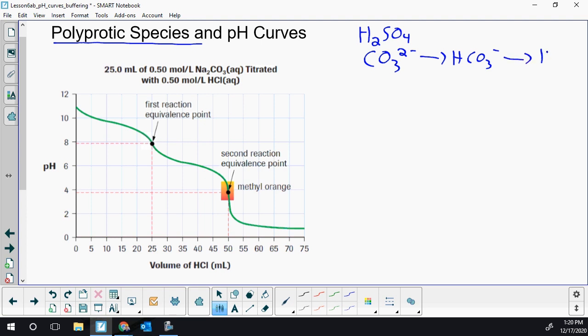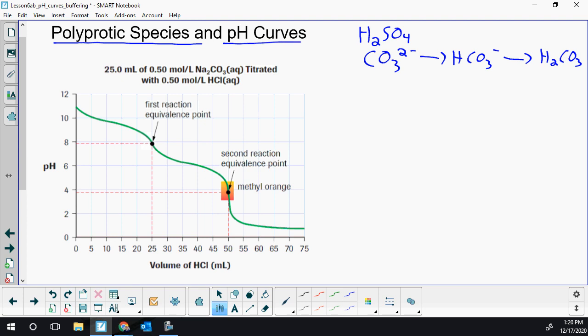HCO3- ends up turning into H2CO3. So you have to use your data booklet to check. You can't just look at a chemical. Just because it's 2- doesn't mean it picks up 2, but when you scan through the table, you see it. So that's what we mean by polyprotic, can donate or accept more than one.